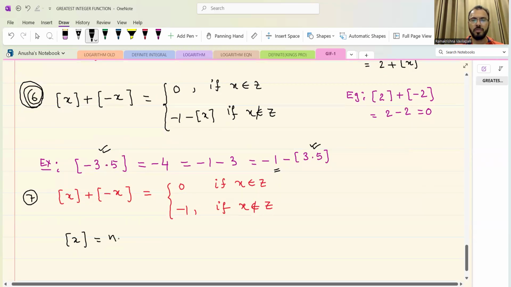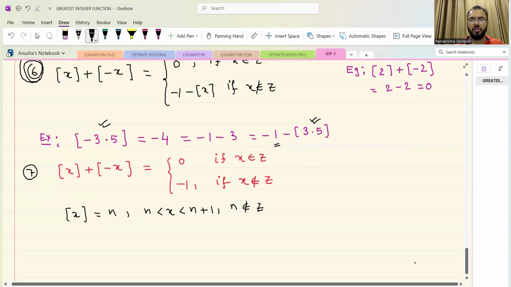By this time, you must get when it will be n: when x lies between n and n plus 1. This time, I am taking that x is not an integer.